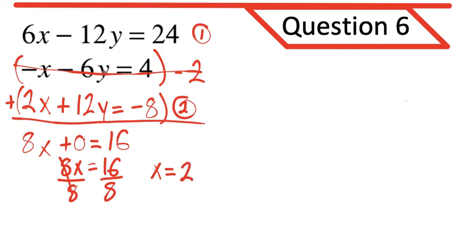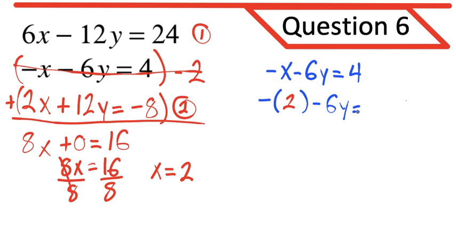We can plug this back into any equation. I'll plug it back into the original one that I crossed out. Negative x minus 6y equals 4. Instead of x, we're going to plug in 2, and then minus 6y equals 4. Negative 1 times 2 is going to be negative 2 minus 6y equals 4.